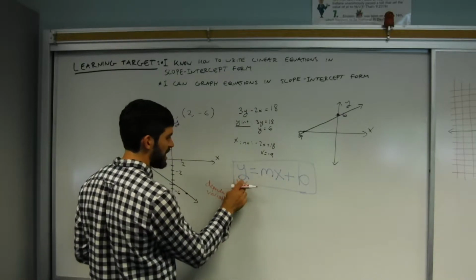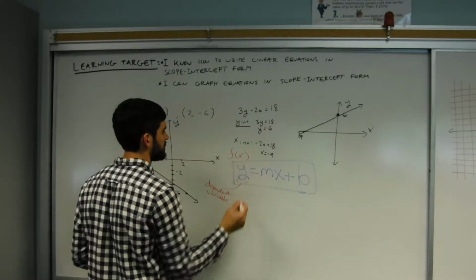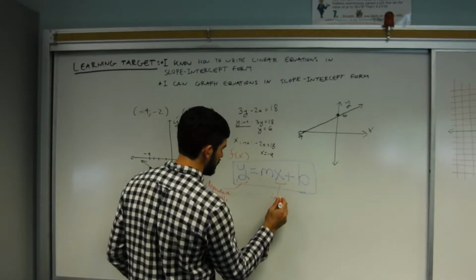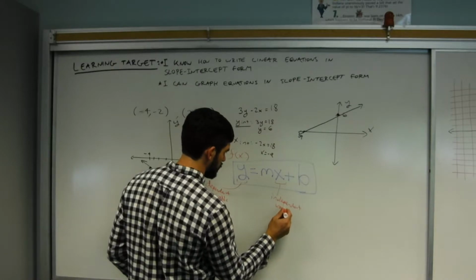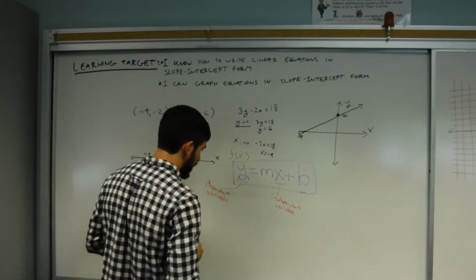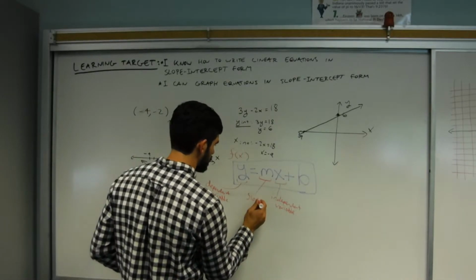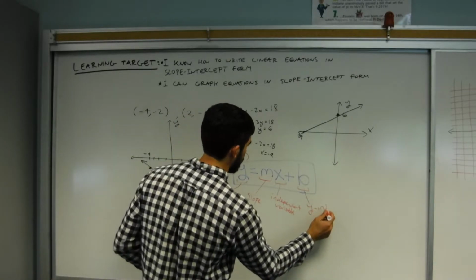So y depends upon x, and you might also see this written as f of x. X is our independent variable. m is our slope, and b is our y-intercept.